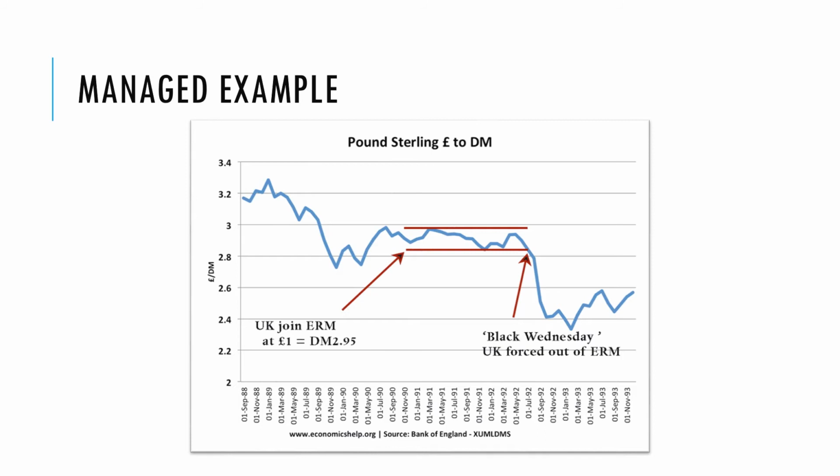In the early 1990s, the pound was managed to be at a certain rate against the then German Deutschmark, and we can see on this diagram the boundaries over that time period in which the exchange rate was managed, up until July 1992, when the UK abandoned this policy, and you can see the exchange rate fell as it moved back to a floating exchange rate.